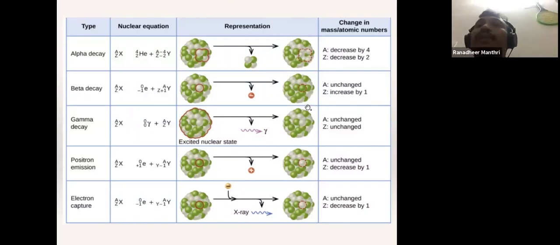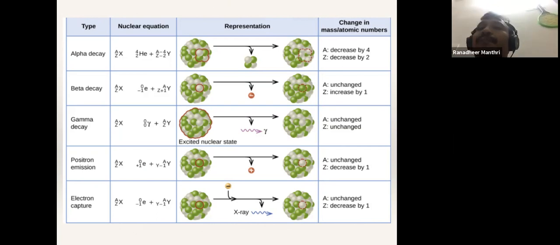So once a neutron converts to a proton, there is emission of a negative charge, a negative subatomic particle similar to an electron, coming out of the nucleus, called a beta particle.